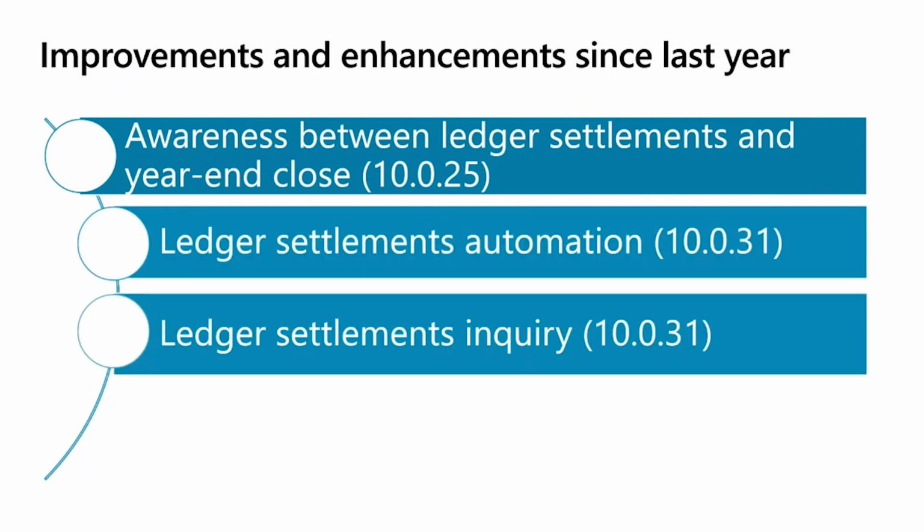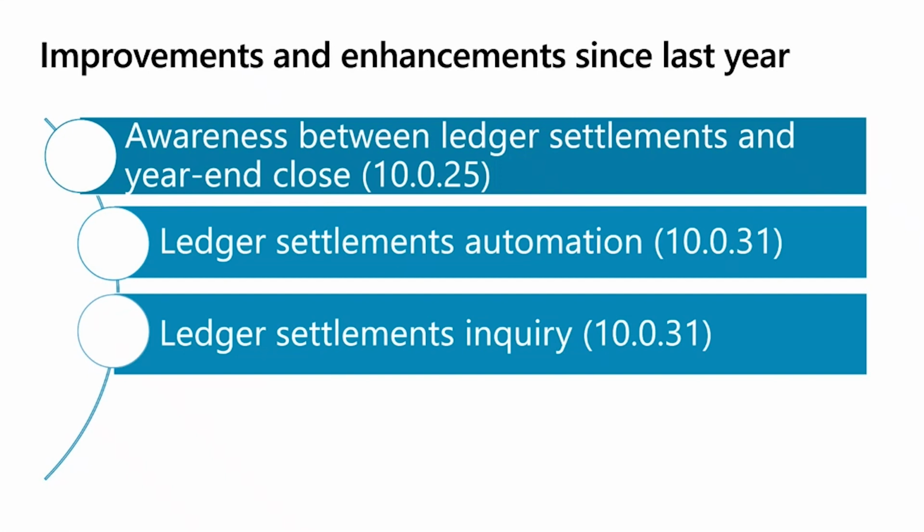Ledger settlements is an area that has had several changes, including a new feature that we released in release 10.0.25. The feature is called Awareness Between Ledger Settlements and Year-End Close. We've also introduced automation into our ledger settlements process.